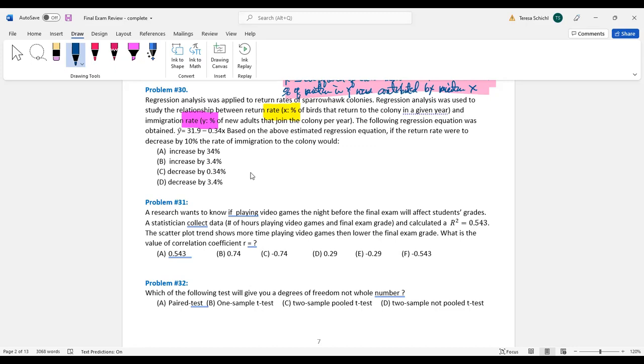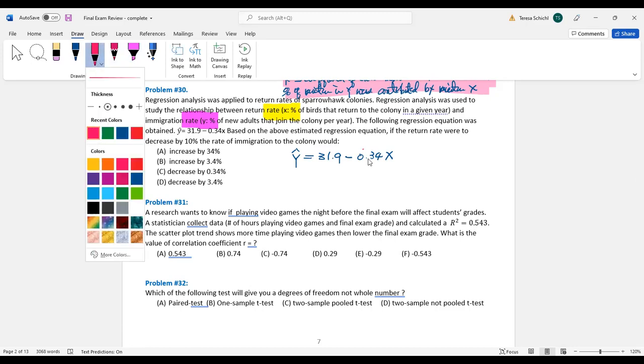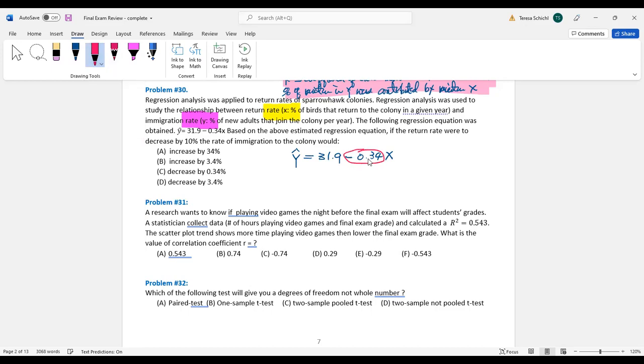Okay, so let's write here. This is y hat equal to 31.9 minus 0.34x, right? Okay, so be careful. Let's try to remember our algebra contents here. This is our slope, right? So the slope right now is negative 0.34.